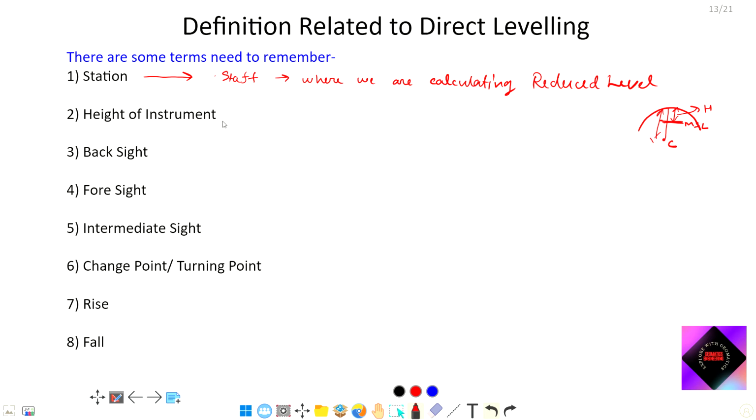Now next, height of instrument, that is the height of line of sight of instrument.